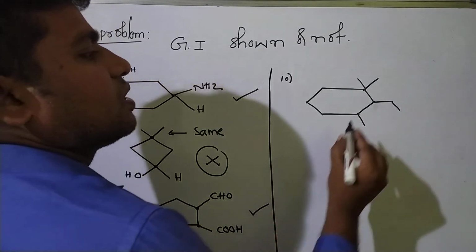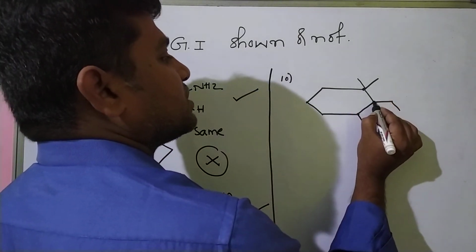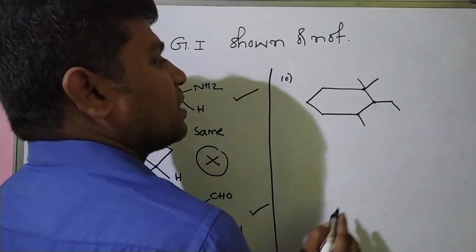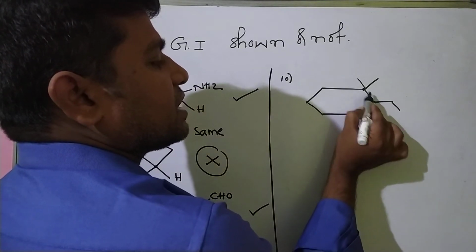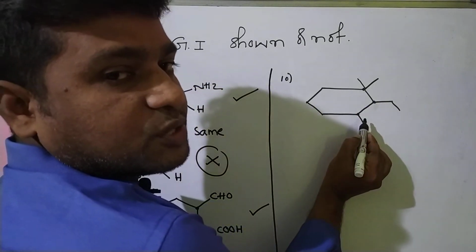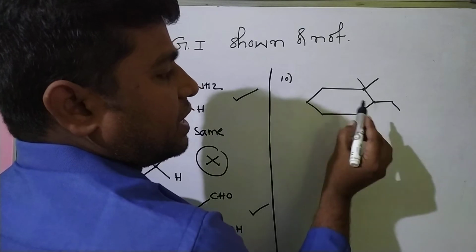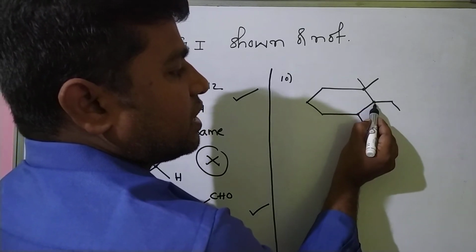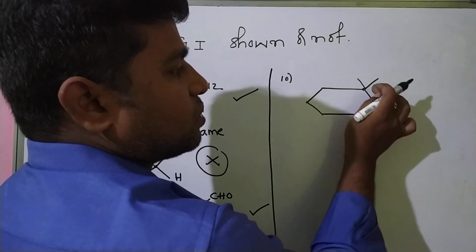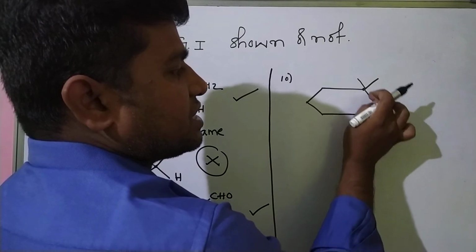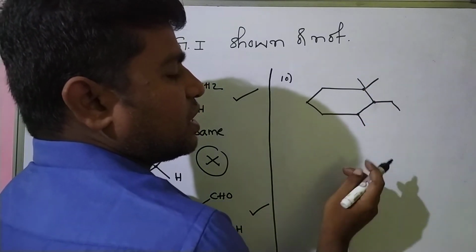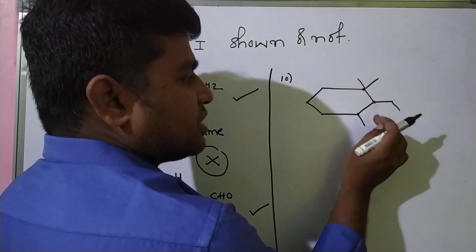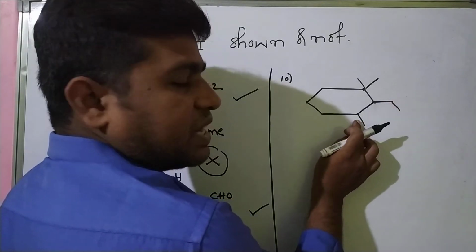Okay students, this is again very important for JEE and NEET. So see this, first of all, here 3 carbons having substituents, 1, 2, 3, here 2 methyls, here ethyl. So at these 2 carbons no geometrical isomerism, but see this, here ethyl, this is methyl.